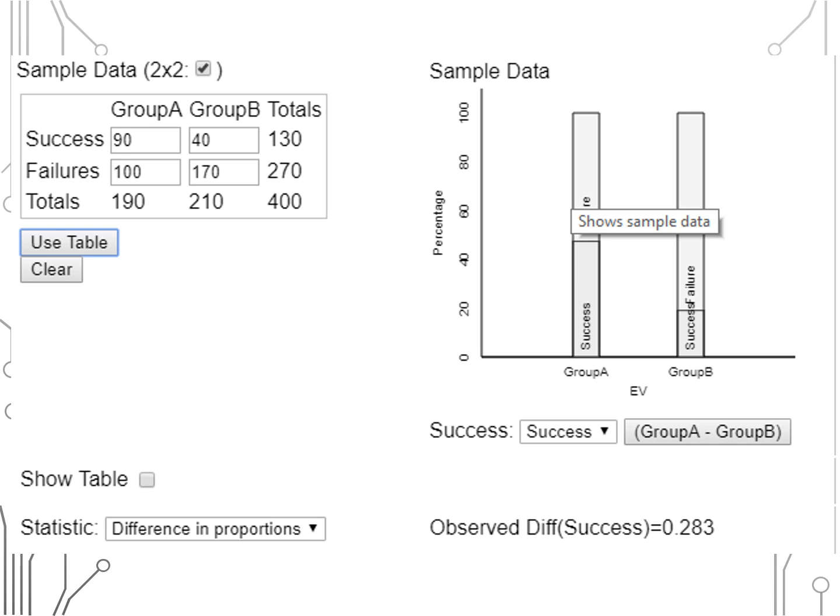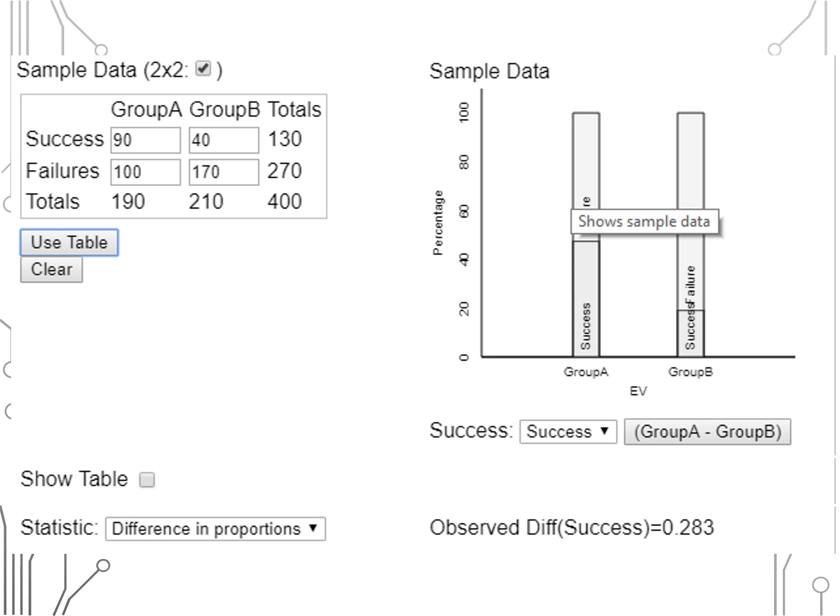I typed in the observed number of successes in group A, 90, and failures, 100, as well as the observed number of successes, 40, and failures, 170, in group B. Remember, a success meant they always exceed the speed limit. Failures was not always. Group A was under 30, and group B was over 30. Then I clicked Use Table. The segmented bar chart and the difference in proportions was then produced.